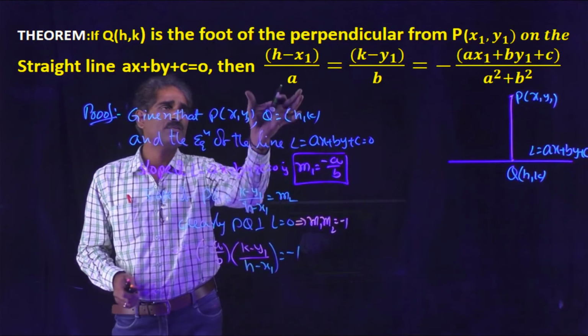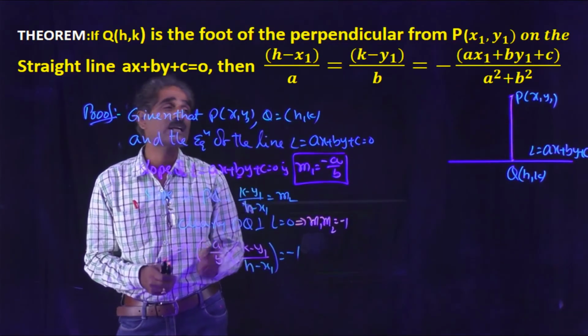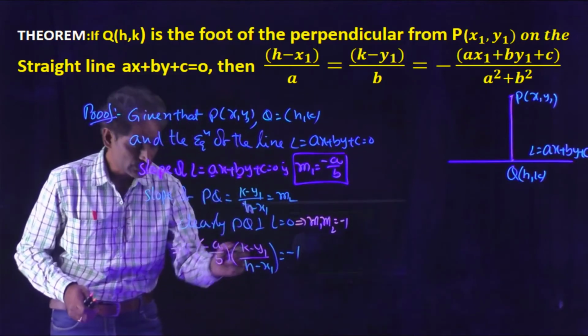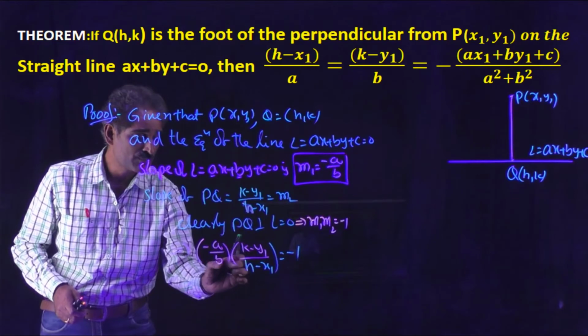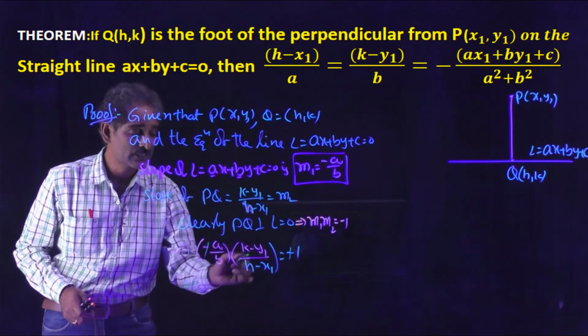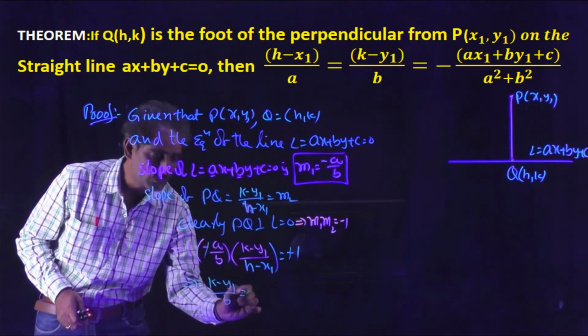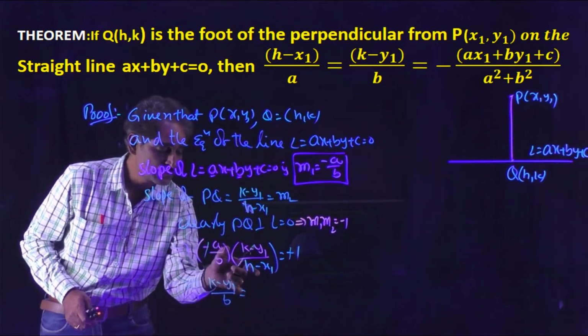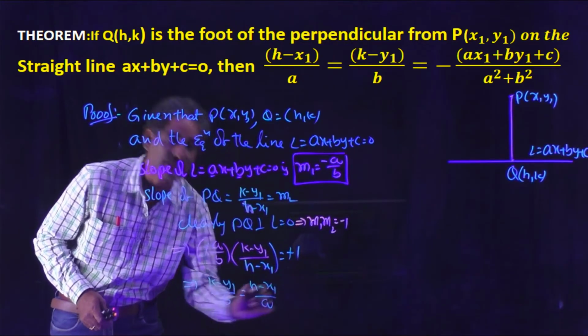Just observe the first two terms. What is the required form? (h - x1)/a = (k - y1)/b. So from this we can write (k - y1)/b = (h - x1)/a. Minus minus will get cancelled.